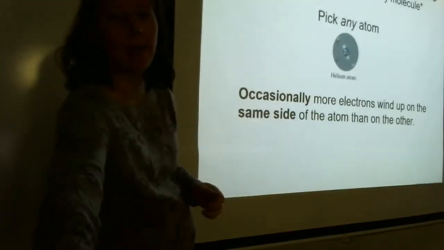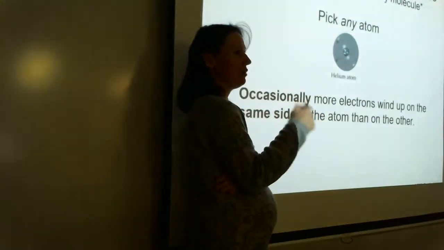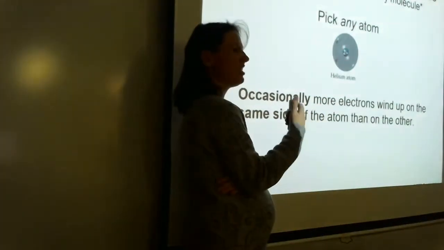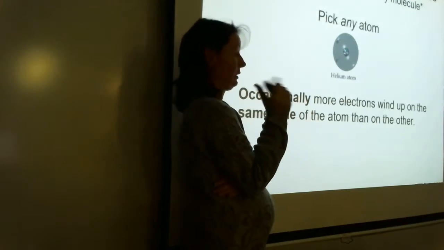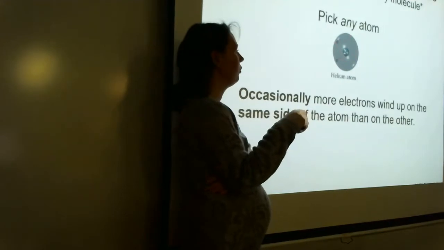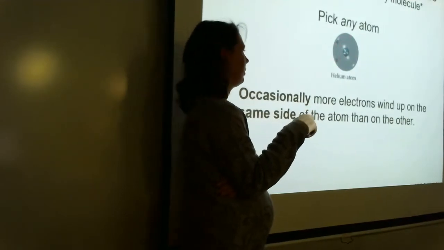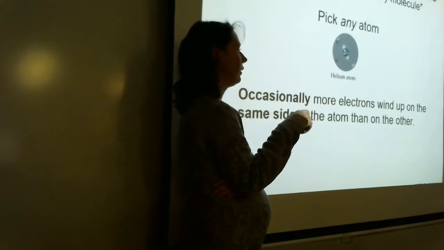Okay, so we pick any atom. Let's pick helium. Helium's a small atom, right? It's got 2 protons, 2 electrons. That's not anything to get excited about. Now these electrons are moving randomly, and these 2 electrons are negatively charged, moving randomly and independently of each other.